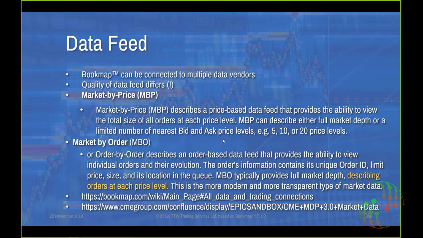If you have CQG or DTN IQ feed or similar, Kinetick or whatever, these are feeds which give you only 10 or 15 levels of price data, and this might not be sufficient to get the whole picture of the market. Of course, Bookmap can be connected to multiple data vendors, and the quality of data feeds differs dramatically.